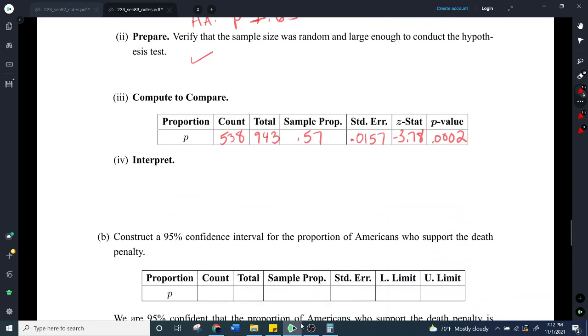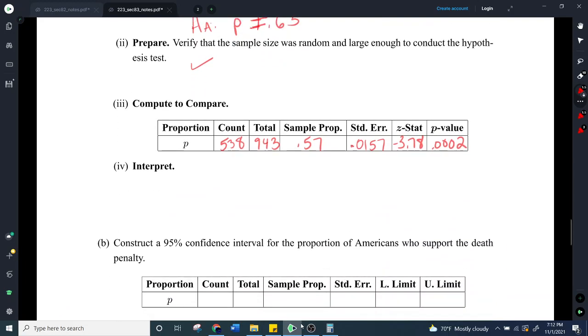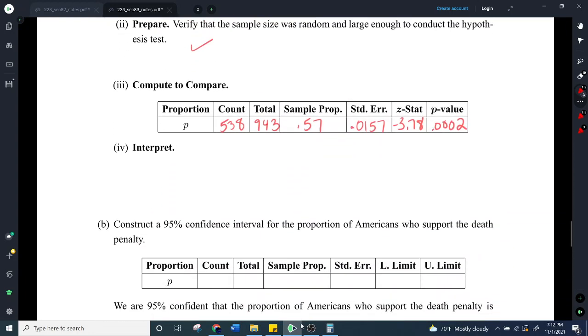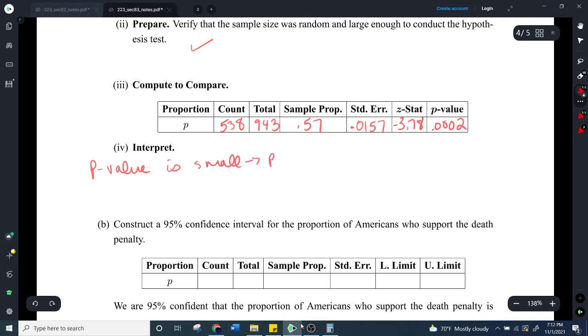All right, so what does that mean? They said to use a 5% significance level, but it doesn't really matter because this p-value is going to be smaller than any significance level we would ever consider. So our p-value is very small, and that means that we reject the null hypothesis. How can we phrase this?